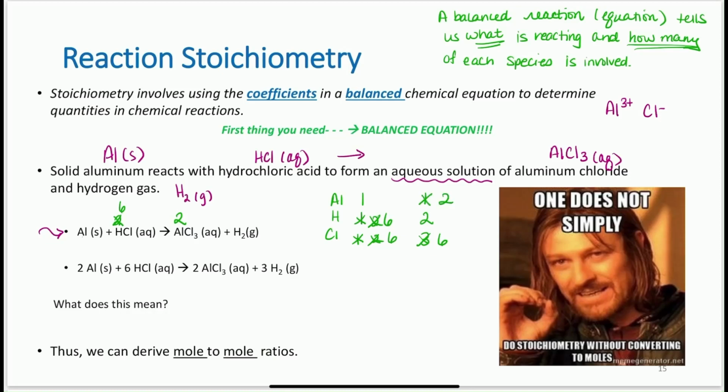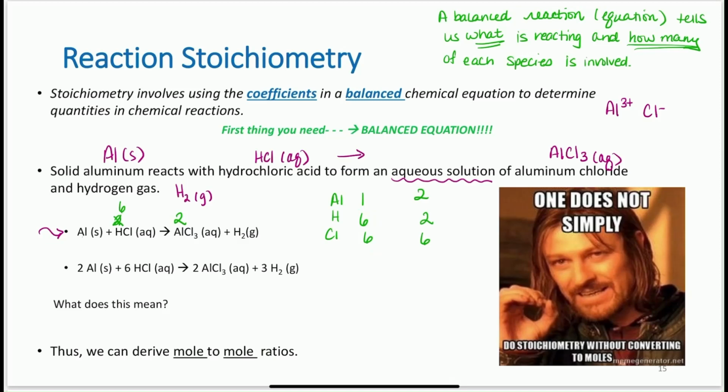So now, let me clean this up just a little bit. Now, with my most recent work, I have 2 aluminums on my product side, 6 chlorides on my product side, 6 hydrogens on my reactant side, and 6 chlorides on my reactant side.